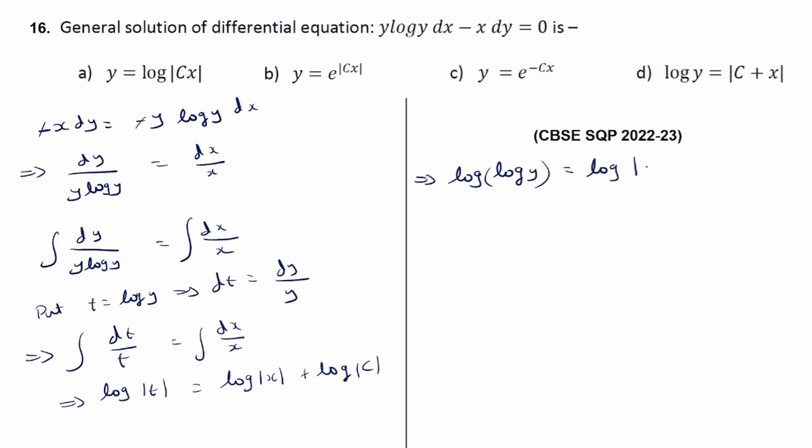So it is log mod x into c. So if we raise both sides to the power e, we will get log y is equal to mod cx. Now log y is to the base e. As a result, we have y equal to e raised to mod cx. So the correct option is option B. This is the general solution of this given differential equation.